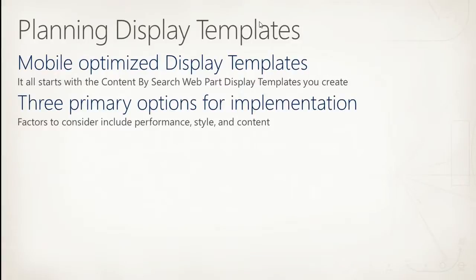An example is going back to the screenshot I had before of many different goggles on the page. That was a content by search web part. I edited the display template for it separately in my mobile channel versus my tablet and default channel, and I used different settings inside the item template to merely hide that model number.